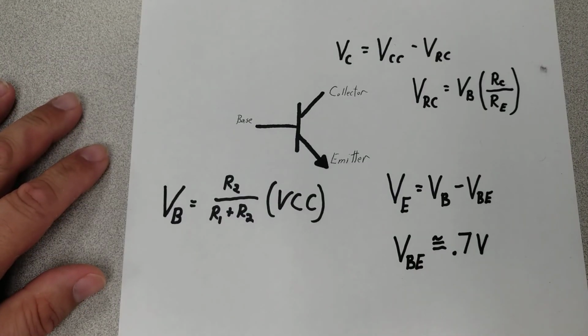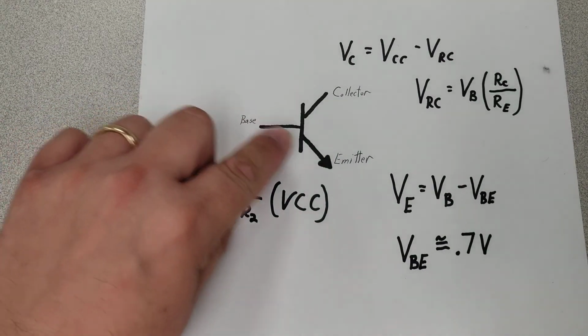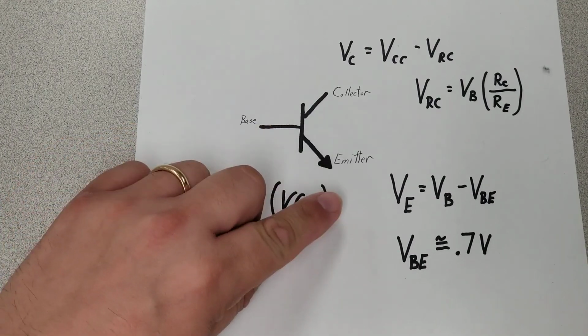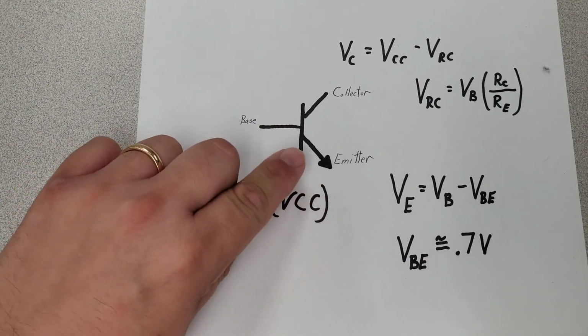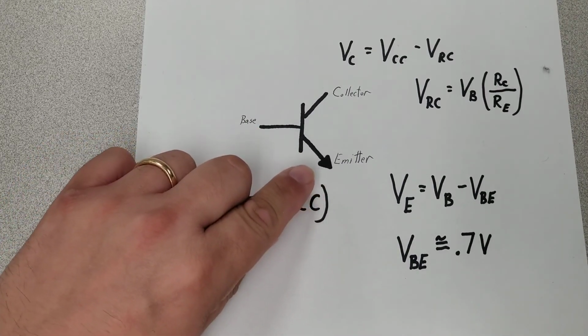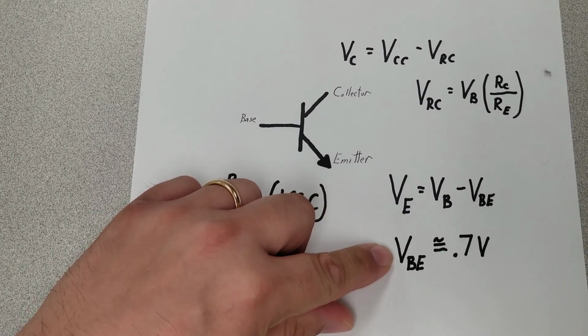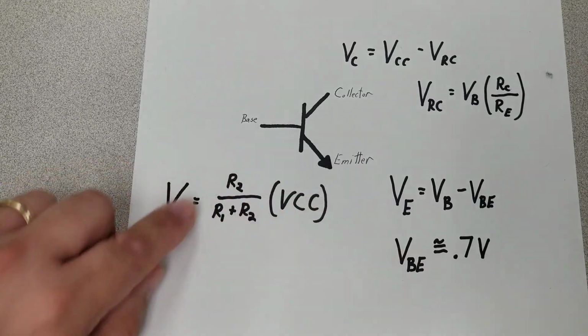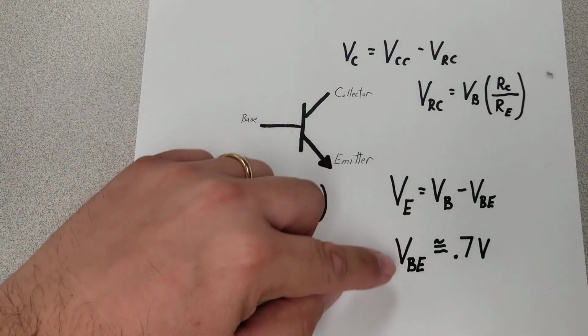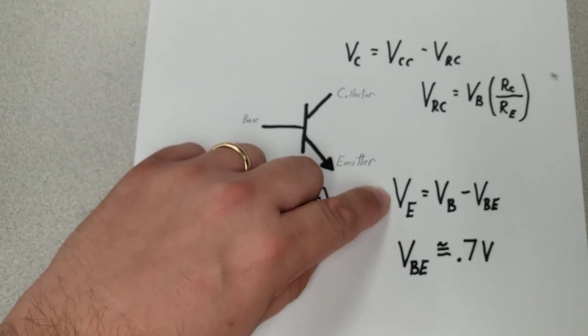The VBE, the voltage drop between the base and the emitter, is a PN junction. If you remember back when we were talking about PN junctions with our diodes, back towards the beginning of Devices 1, we know that they have a voltage drop of about 0.7 volts. That's the amount of pressure it takes to overcome that PN junction. So we know our VB and our VBE, so we can find the voltage at our emitter.